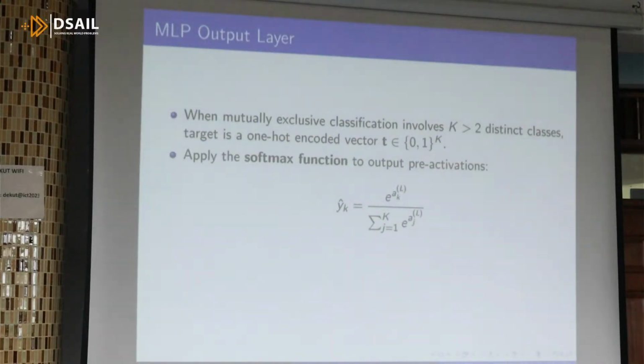And in the case of multi-class, we said use a softmax function. This is what it looks like. It means you take the pre-activation values and then exponentiate them and then divide by their sum.